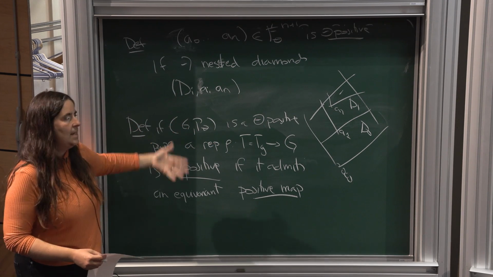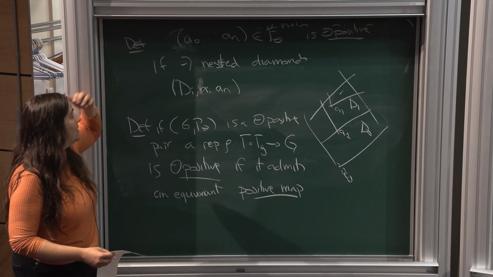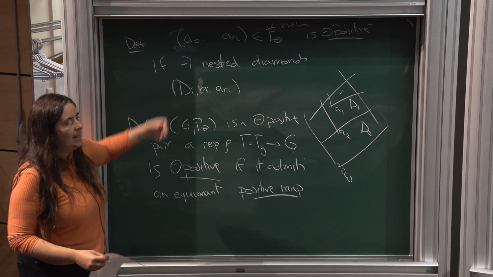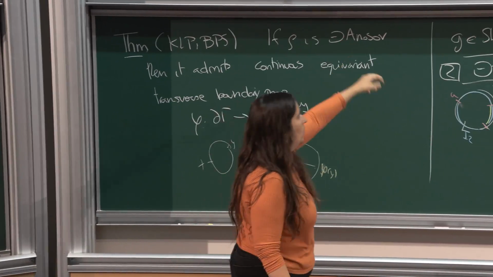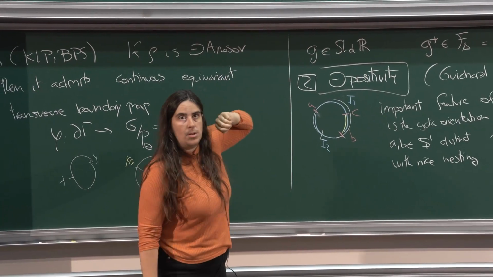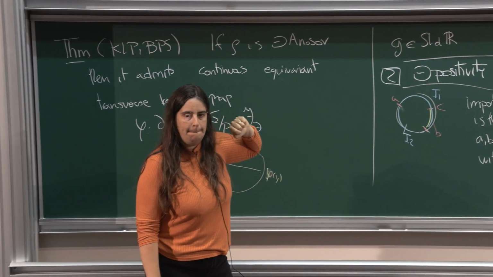Yeah? So this is the analog. For these cases where I have this diamond nesting, this is the right analog of being monotone for the boundary maps of hyperbolization. Yeah?